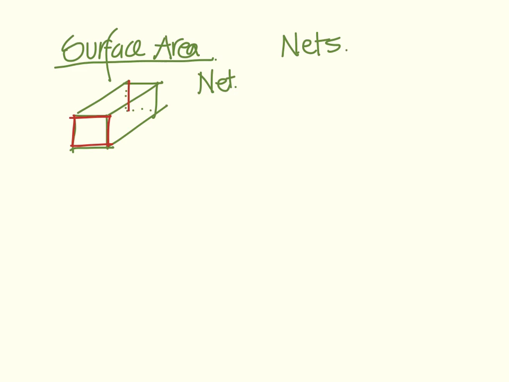So we do 2 ends, and then we do 2 sides, and then we do the bottom and the top. Okay, so the surface area is 2 ends plus 2 sides plus 2, well, we'll call them both tops. So you just need to be careful to make sure that you've included each of them as you're working out the surface area.